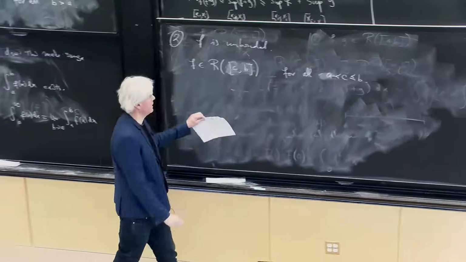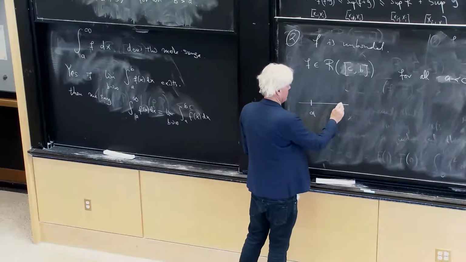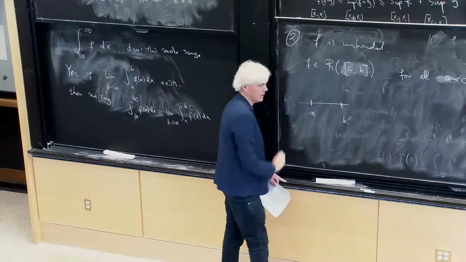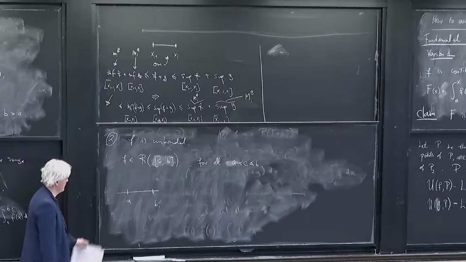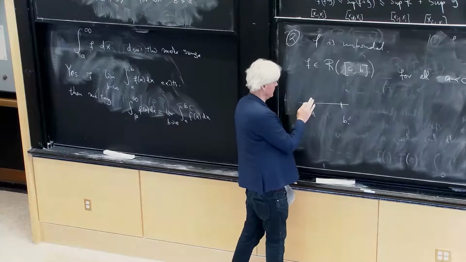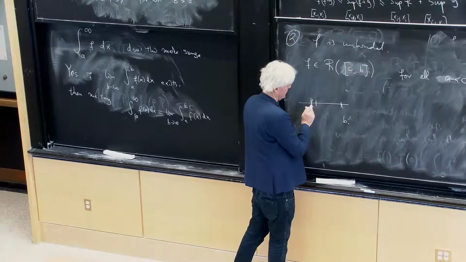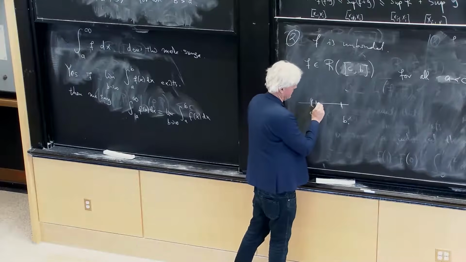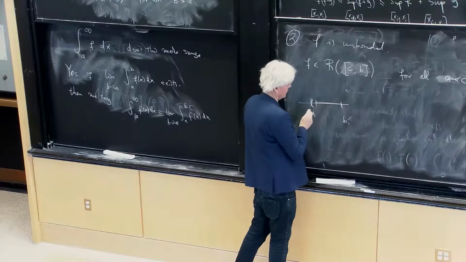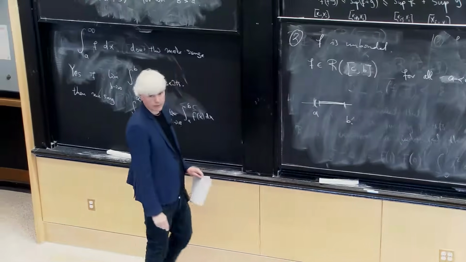So think here, you have a, here you have b. So a and b in this case are fixed, but the function is not bounded. It's maybe not even defined at a, but it is integrable if you go anywhere strictly to the right of a.